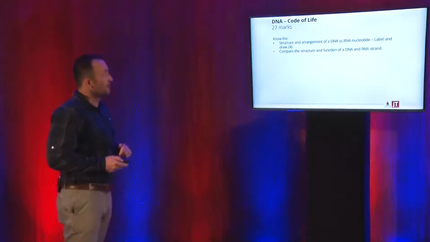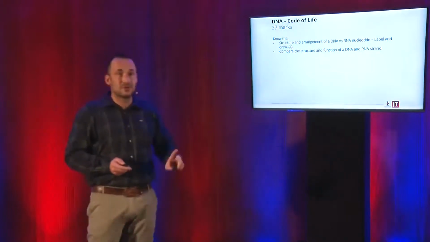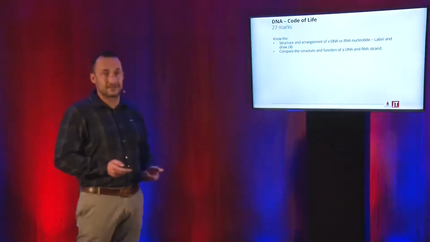Okay? Now we're going to be looking at differentiating between a nucleotide and a nucleic acid. Okay? Students do struggle with this concept a little bit, so we're going to differentiate between the 2. We've just looked at nucleotides, which are the building blocks of nucleic acids. And the 2 nucleic acids that we're going to be doing over here are going to be DNA and RNA.